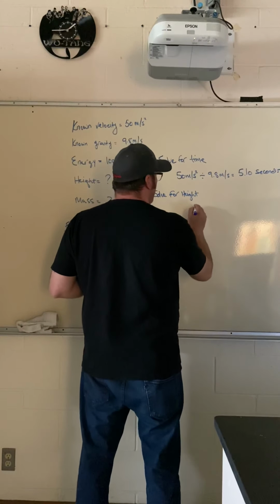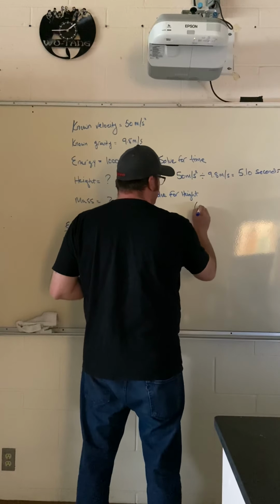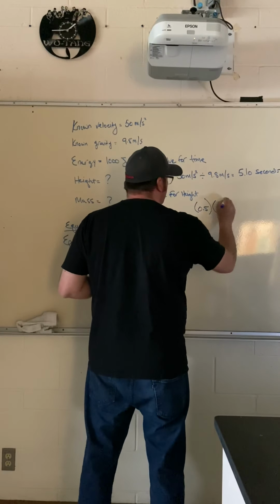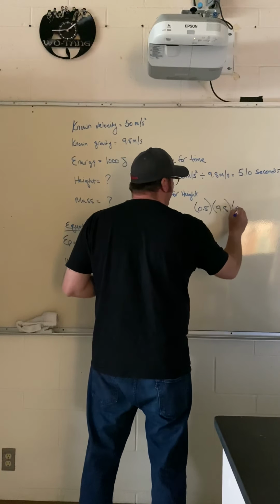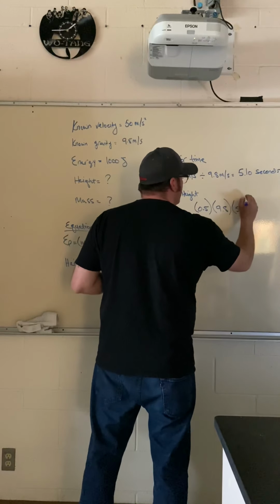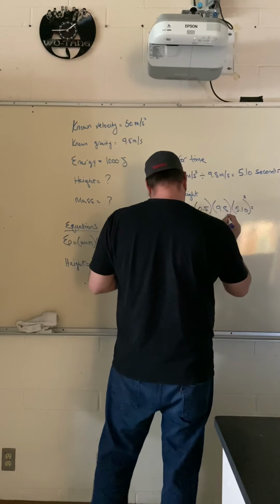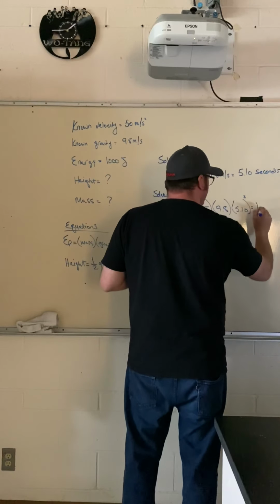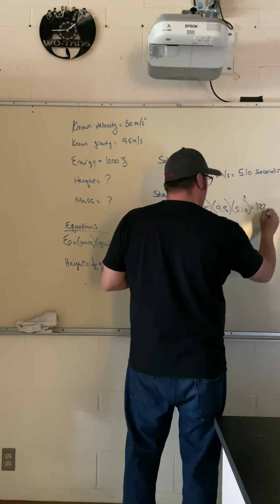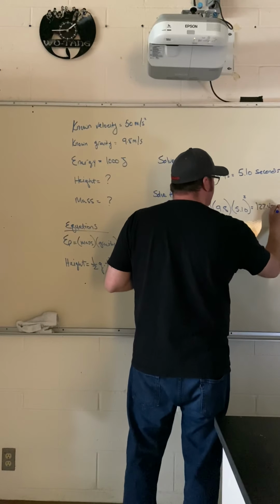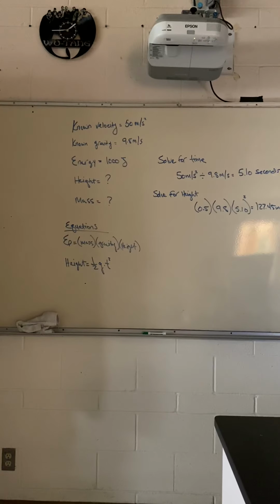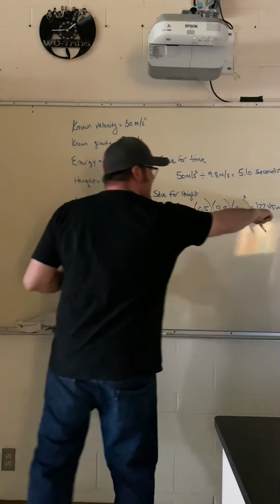So I've got 0.5 times 9.8 times 5.10 squared, and I'll come up with 127.45 meters. Just barely fit that in there, that's awesome. Now I've got 127.45 meters.